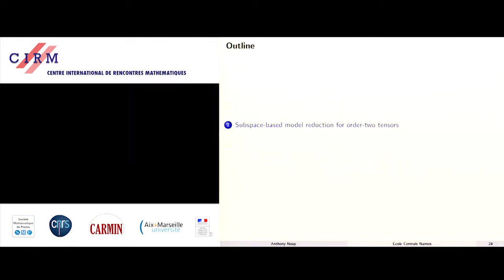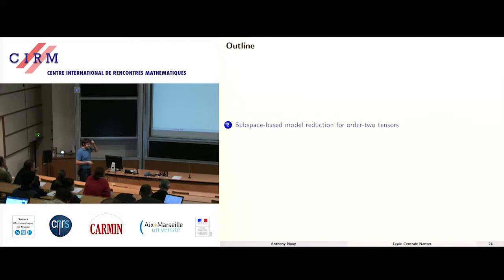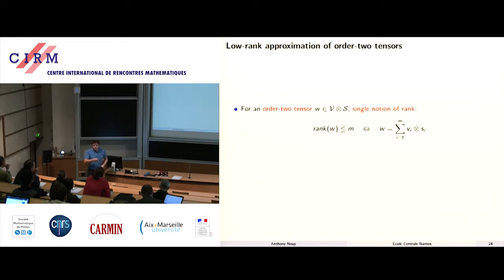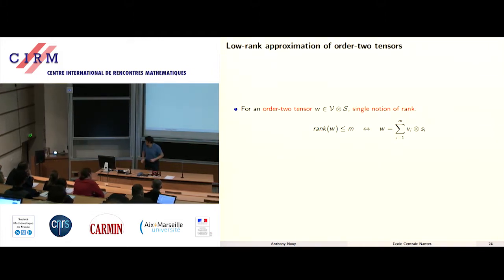Now, the subspace point of view, which is quite interesting to see the connection between this low-rank approximation and the notion of model reduction. To convince you, I will mainly focus here on the two-parameter case, because it allows you to understand the main ideas in this subspace point of view. So I start with tensors living in the tensor product of V and S. Have in mind the problem for stochastic or parametric equations.